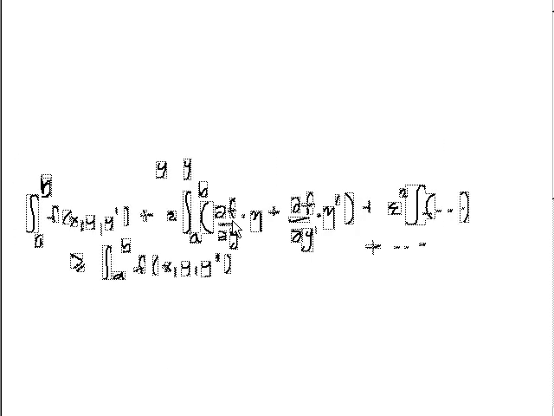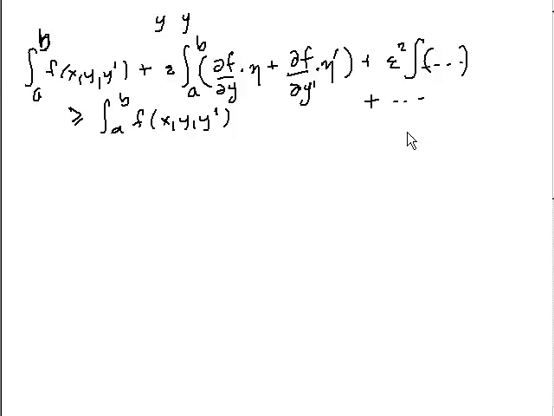Okay, so this cancels out, obviously. This first term cancels with this. And so you get a term involving epsilon and a term involving epsilon squared bigger than 0.